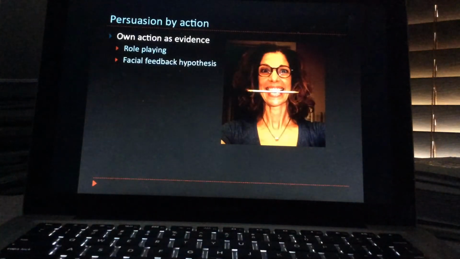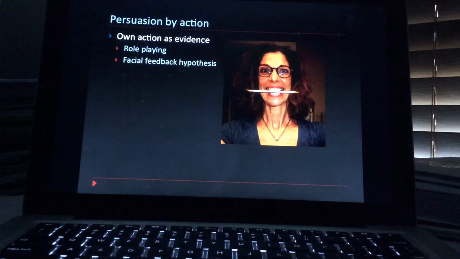Right, so there's role-playing. We also know that there's evidence from the facial feedback hypothesis. So I have here a picture of a researcher who's quite famous, and she was involved in this facial feedback work. If you ask people to hold a pencil between their teeth, it forces you to use the same muscles in your face that you use when you smile.